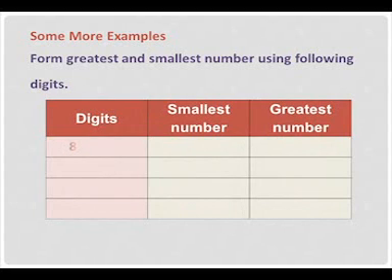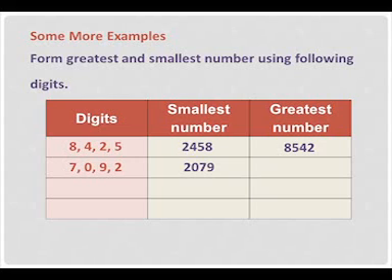With digits 8425, smallest number formed is 2458 and the greatest number is 8542. With digits 7092, smallest number formed is 2079 and the greatest number is 9720.